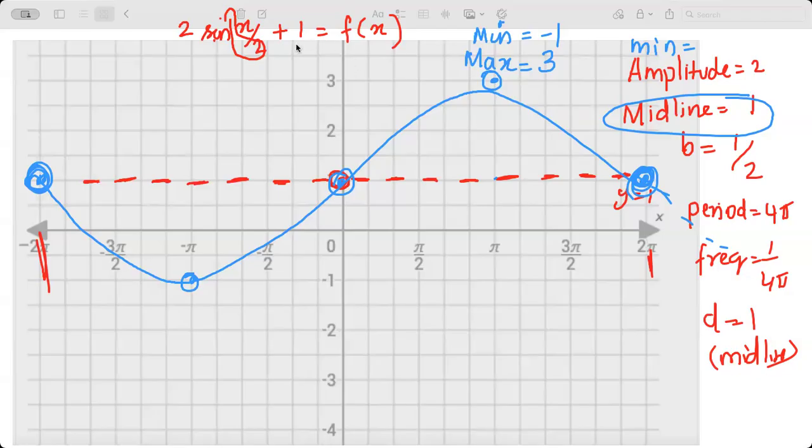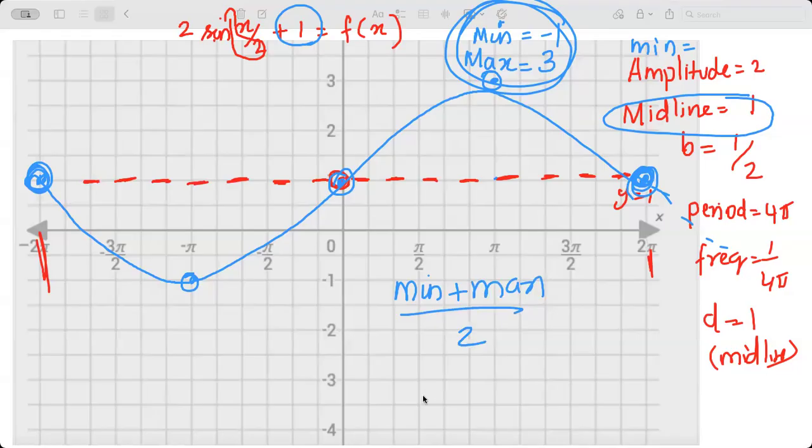Whenever you have a midline, the important aspect is first write your minimum and maximum. Min plus max by 2 is your midline. The difference divided by 2 will give you your amplitude.